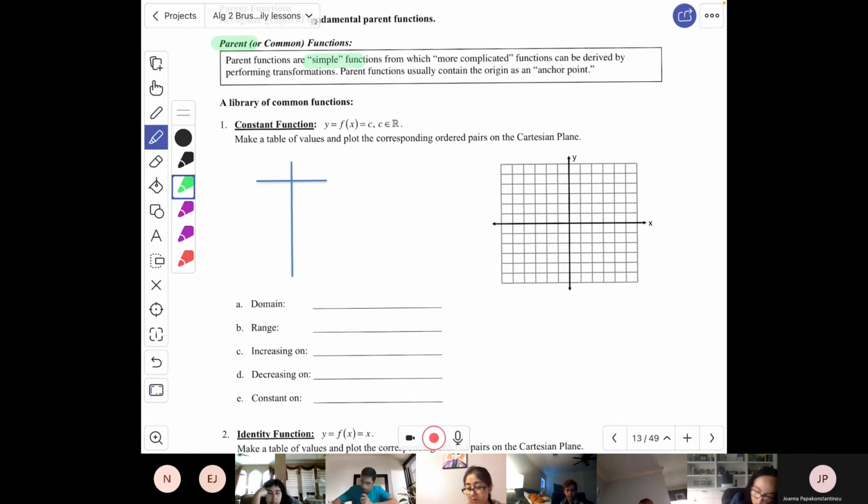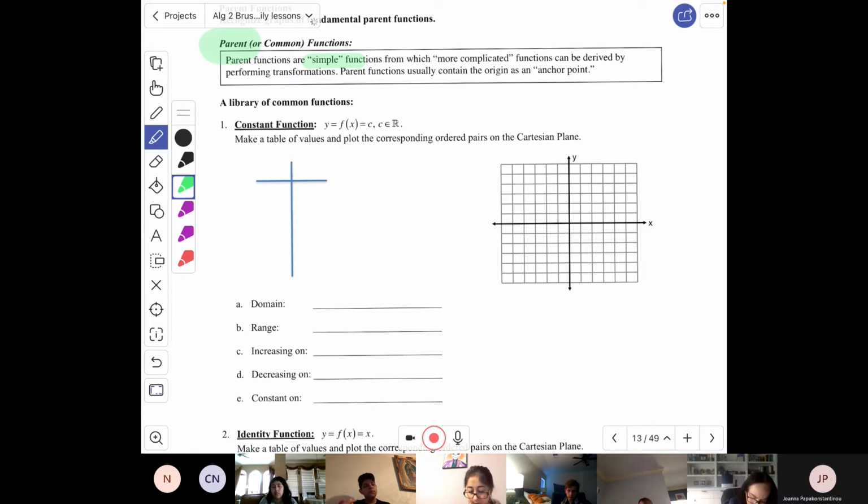And so before we can talk about transformations, we need to look at the most basic form of these functions. So these basic forms are called parent functions. So given a function, you should be able to recognize the underlying parent, the simplified form, the most simple form of that function. So let's build our library.